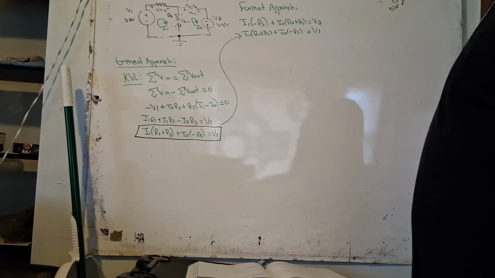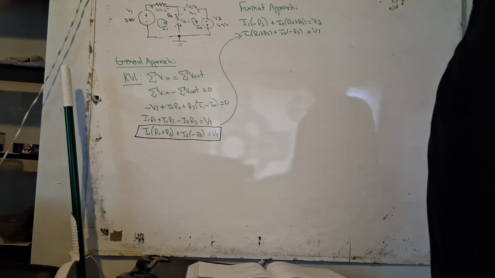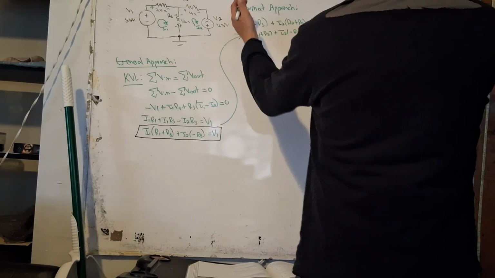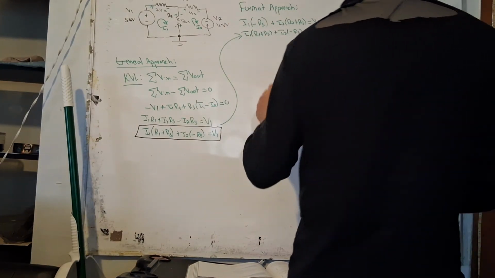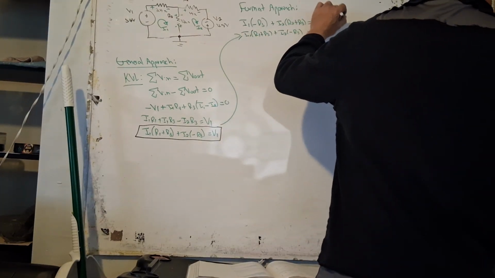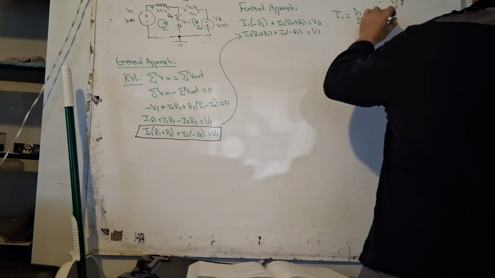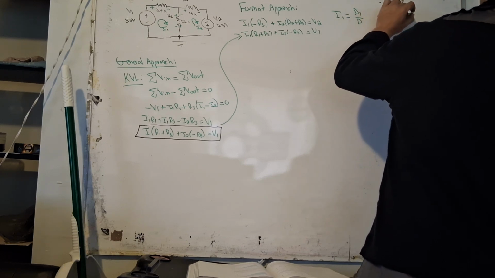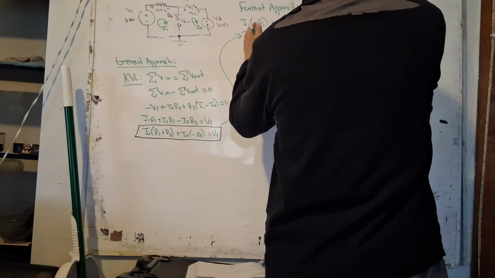Doesn't matter which one's on the top or on the bottom. But what matters is that these are matrices now, okay? Our I1 is equal to D1 over D, and I2 is equal to D2 over D. Well, D is simply these values.